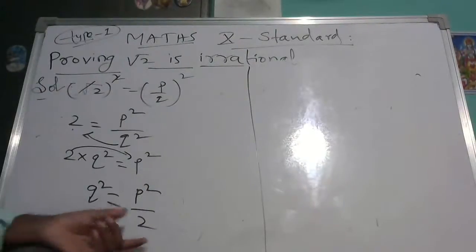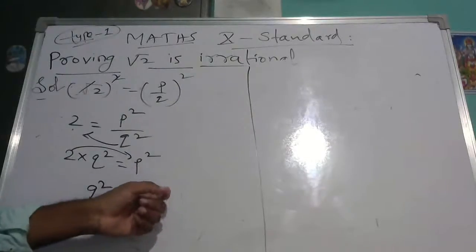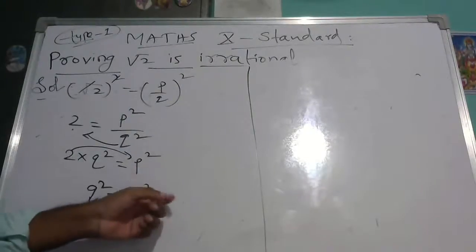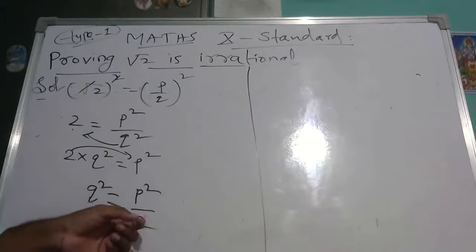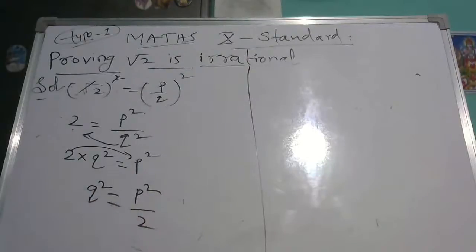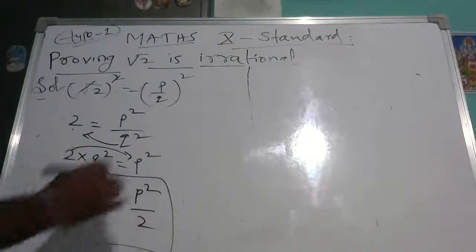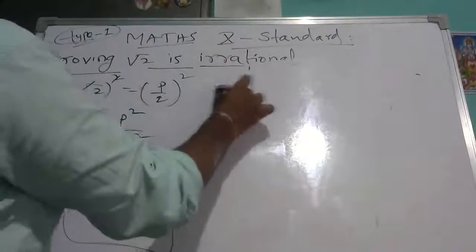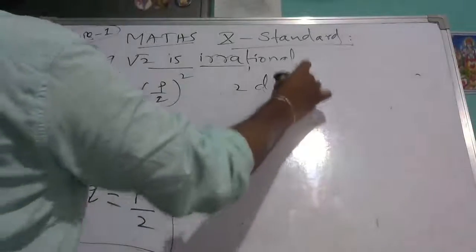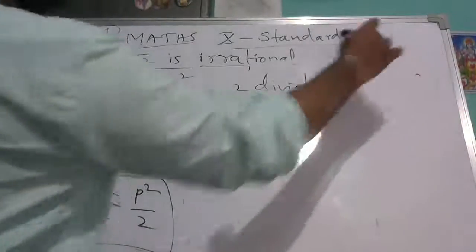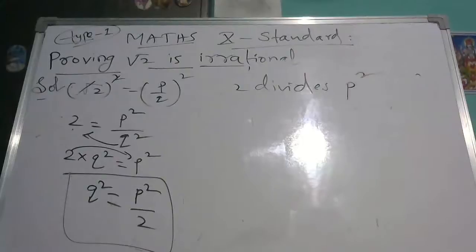So what does this statement say? It says that the number p square, whatever it may be, is divided by 2. So this statement is saying 2 divides p square, where p is any integer.